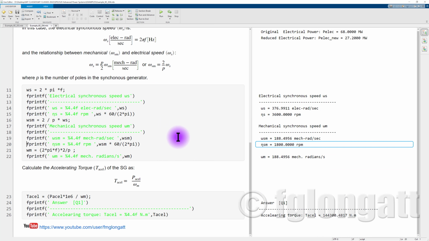Finally, we want to obtain the acceleration torque. And all my students are so clever that they know that there is a connection between power and torque. And the relationship between power and torque is the rotational speed. That means that here I can define the accelerating torque as the ratio between the accelerating power and the rotational speed.